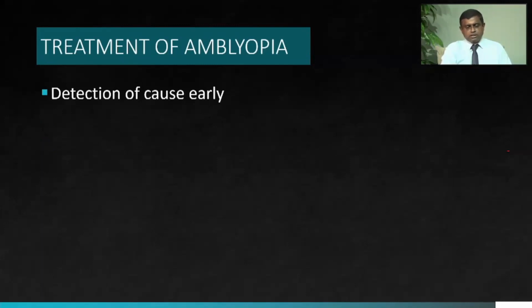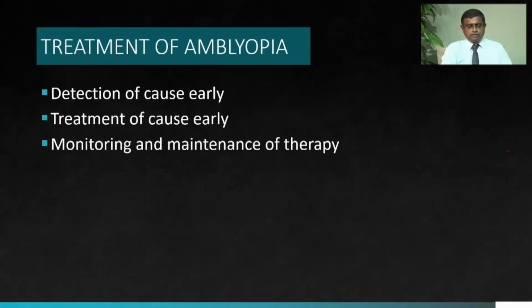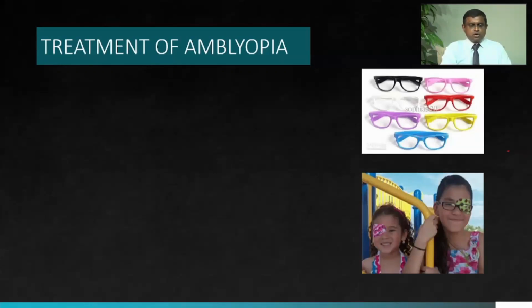We have to diagnose the root cause properly, and we have to first treat the root cause, and then we have to monitor the development of vision in subsequent examinations.